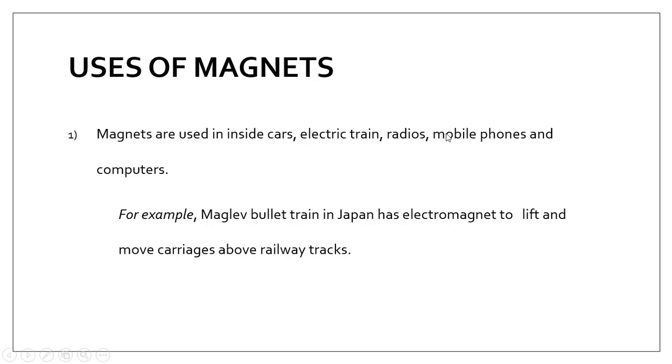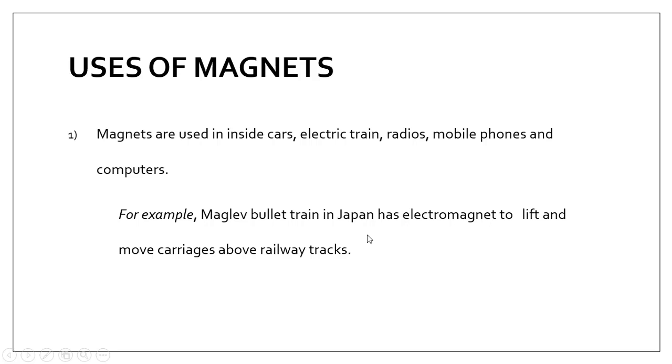Radios, yes, we know that in radios there are speakers, and the speakers have a magnet, and the type of magnet is a ring magnet. And also electric trains, a good example is the Maglev bullet train in Japan, and this train has an electromagnet.